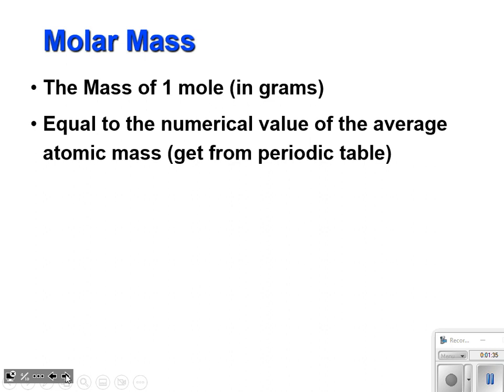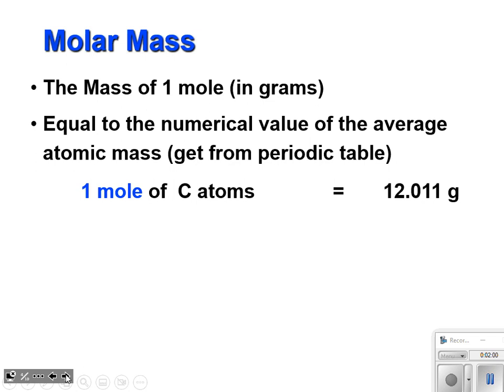And that red number on the periodic table, which yours for carbon should be 12.011, right? That number on that periodic table, this 12.011, is the average of the isotopes, taking into consideration the abundance of that particular isotope.